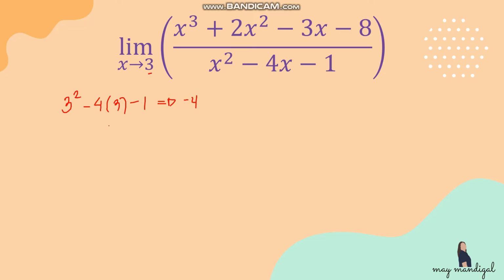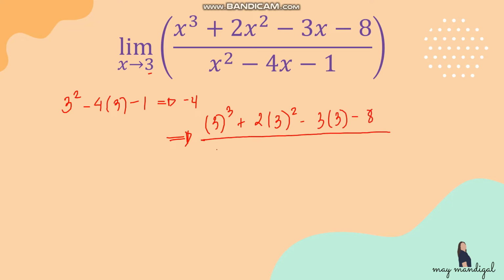So we can do direct substitution. So let's evaluate the whole function. So let me just write here. Let's substitute right away. So we have 3 cubed plus 2 times 3 squared plus 3 times 3 minus 8, all over 3 squared minus 4 times 3 minus 1.